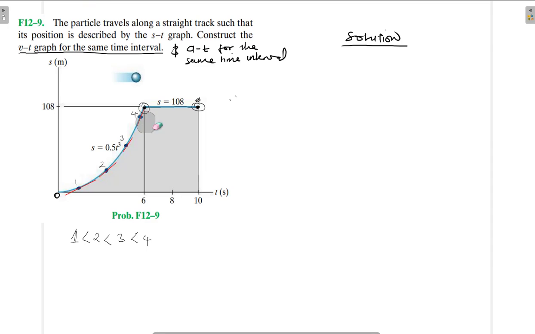All right, so now let's draw. Before we draw, let's find the function that will govern the velocity in the interval 0 to 6 and from 6 to 10.